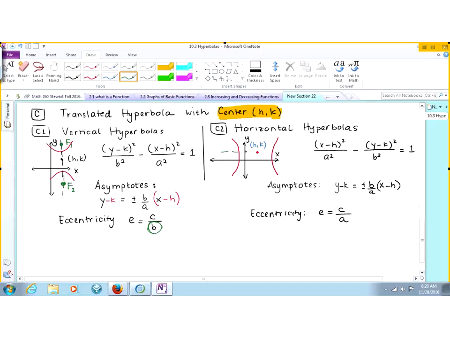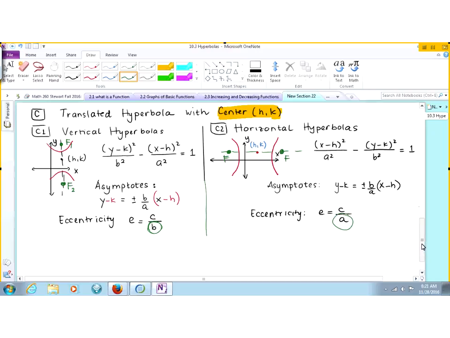Now, why is this C over A? First of all, where are the foci located here on my second one? Probably right here. Okay. So which one do I compare C to? To A, to the horizontal component. Yeah. So that's the only thing you have to remember, basically.